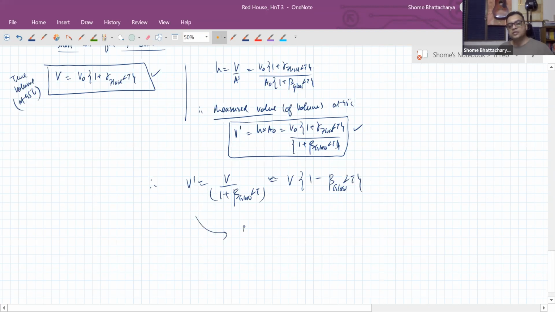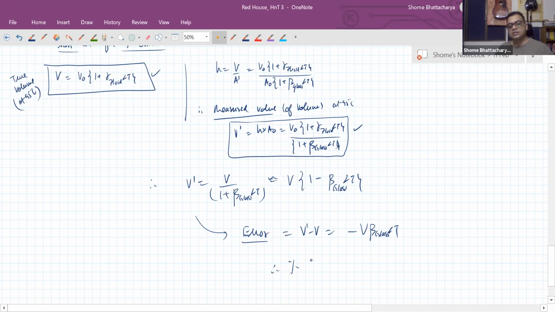So the error, if you put that with the proper algebraic sign, is V into beta of glass into delta T, but with a minus sign.